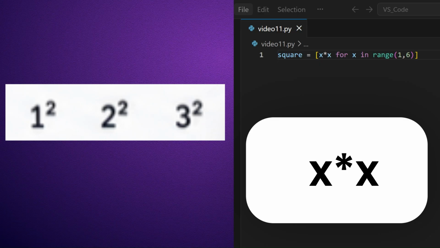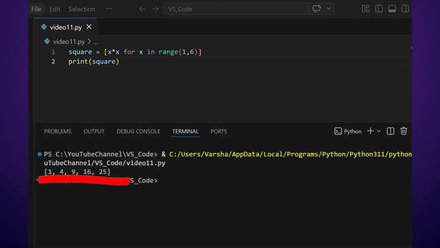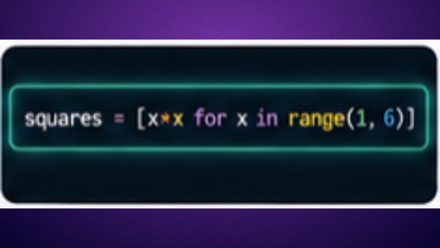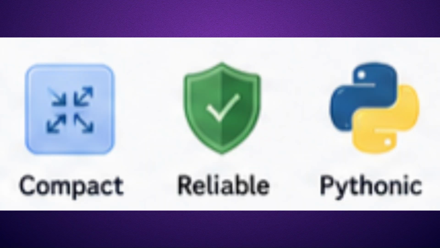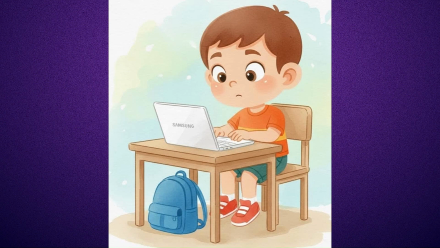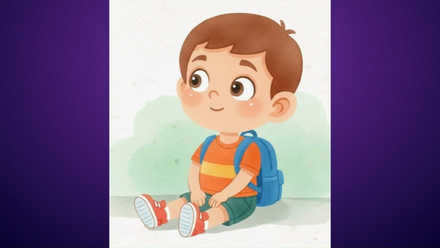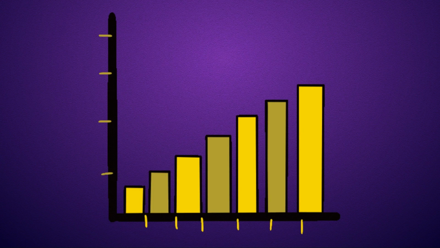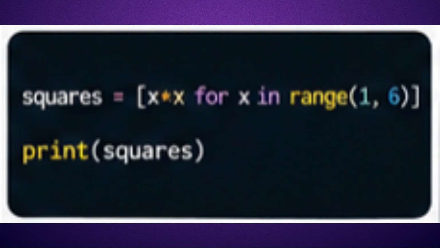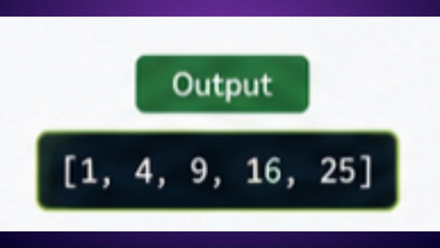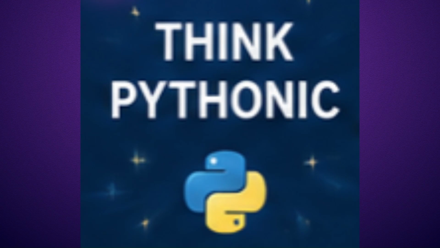This line combines looping, calculation, and list creation into one readable statement. That's why list comprehensions are compact, readable, and Pythonic. They are widely used in real-world Python projects. You don't need to master them immediately, but understanding the concept now will help you a lot later.